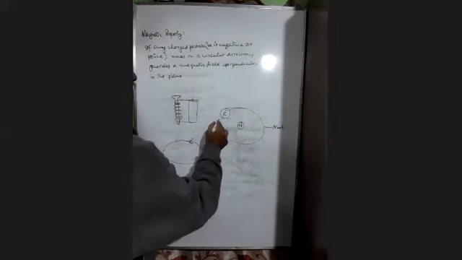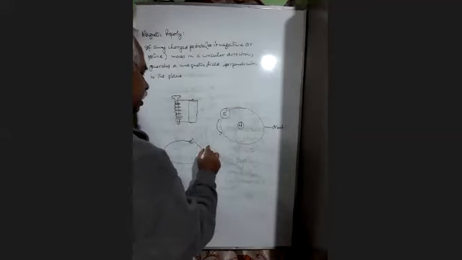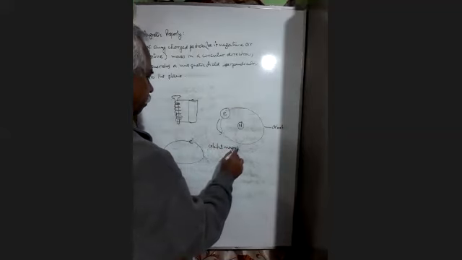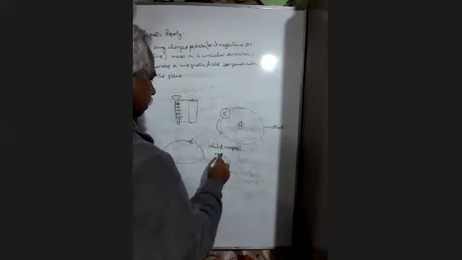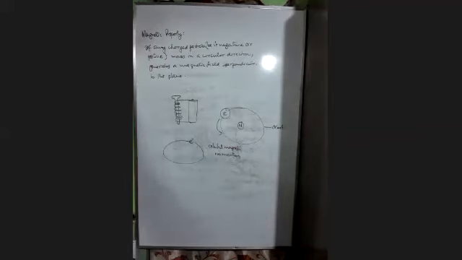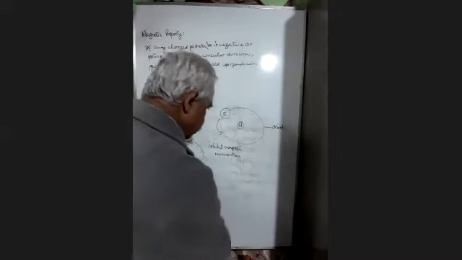So when it moves in this way, it generates an orbital magnetic moment, that we have learned from our atomic structure. You call it the magnetic moment. So it generates a magnetic field.